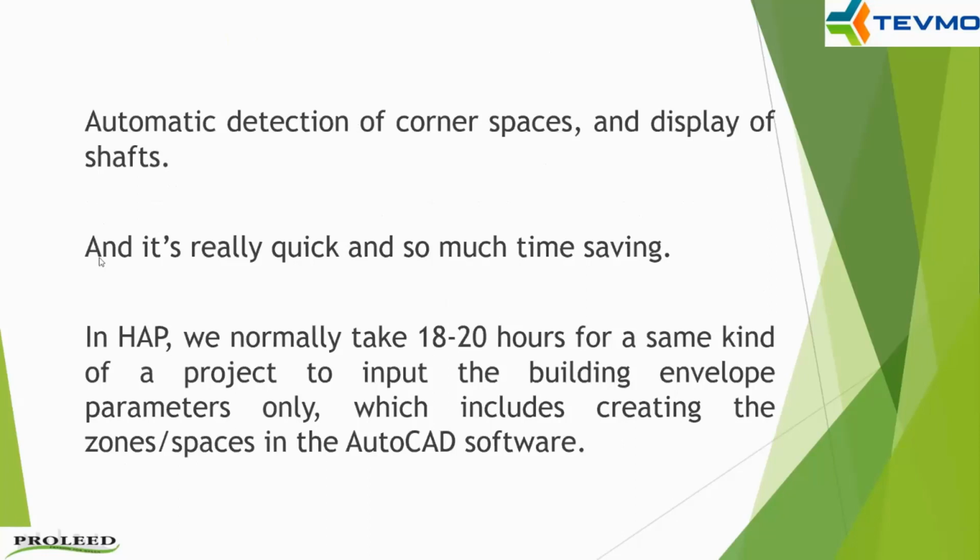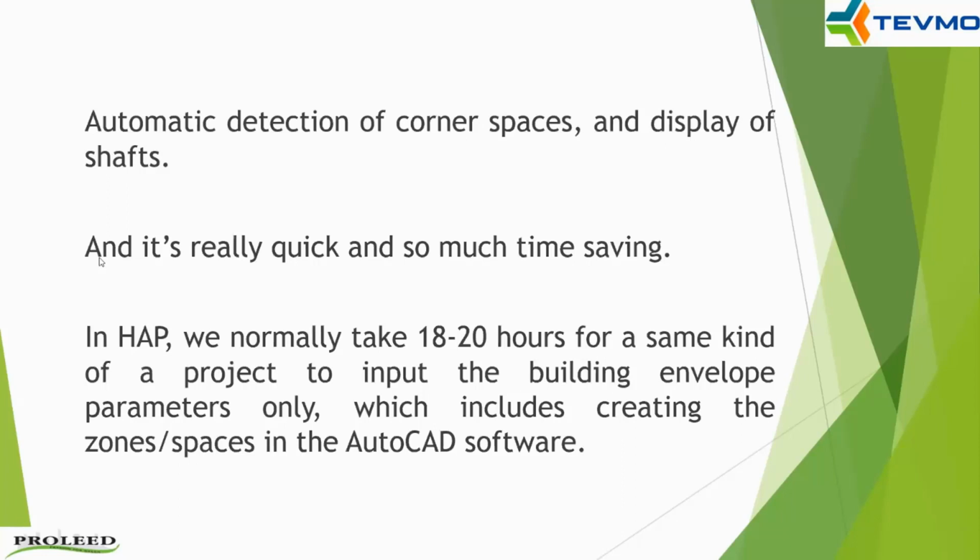So I appreciate that. And it automatically detects the corner spaces and also displays the shafts, as rightly Victor said in his presentation. But again, what I have found is that it was detecting the balconies also as a space, which may be the corruption from the architectural Revit file.